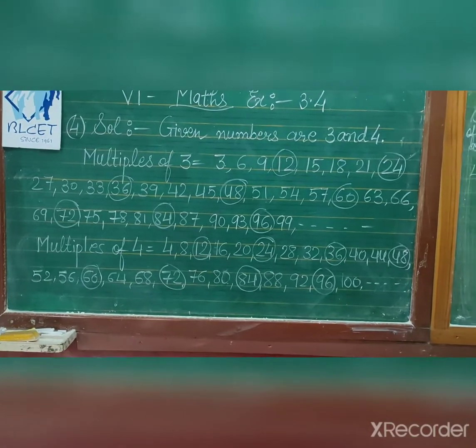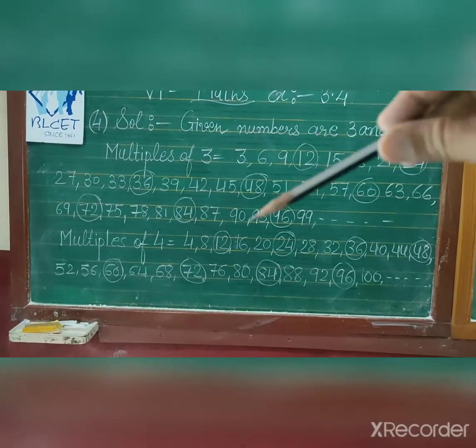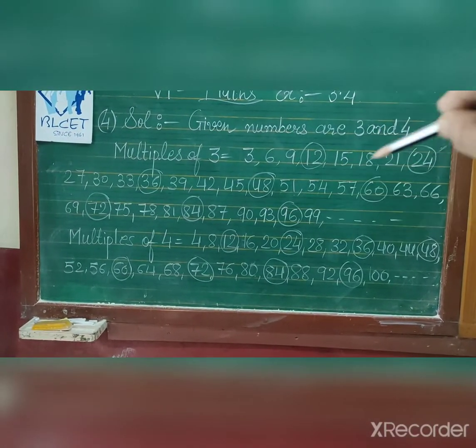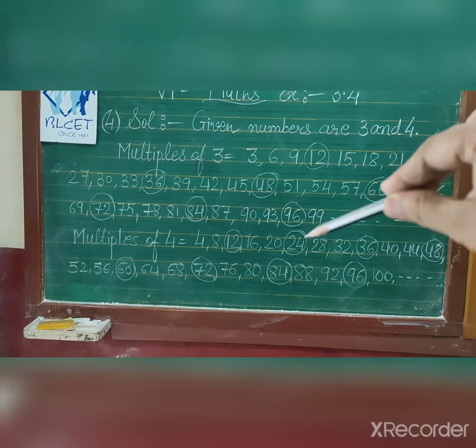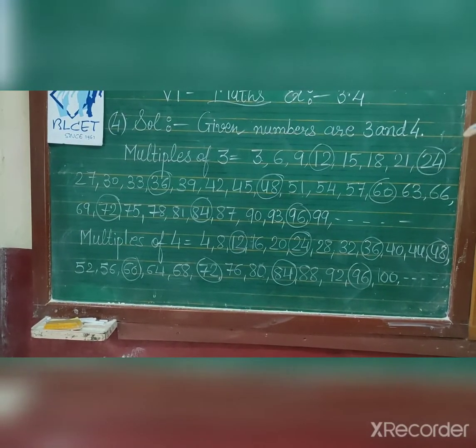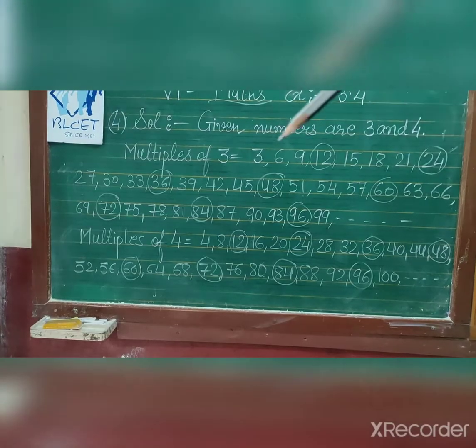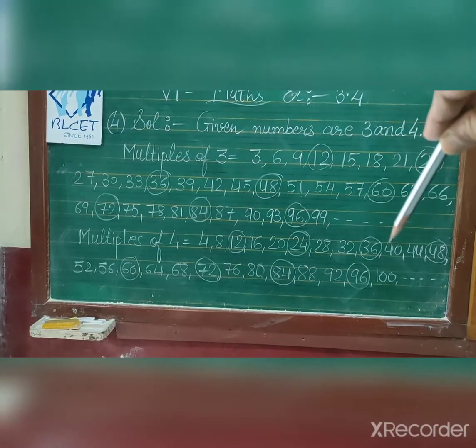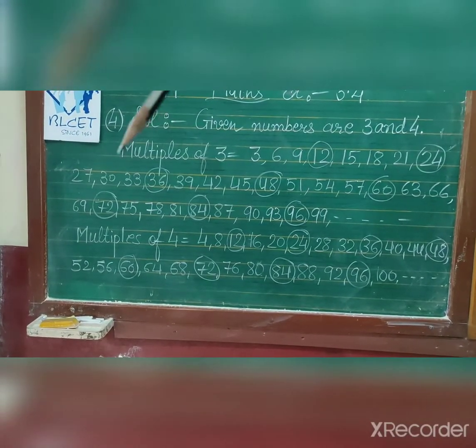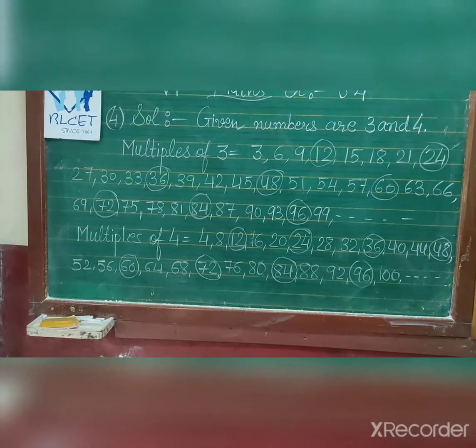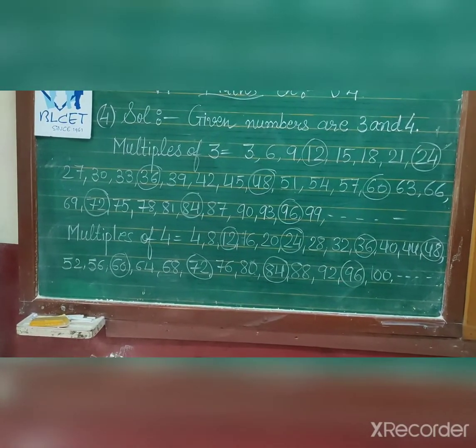If you observe here, 12 is here, 12 is there, 24 is here, 24 is there. Now 36, 36, 48, 48. So in this way you will collect all the multiples and solve this question.